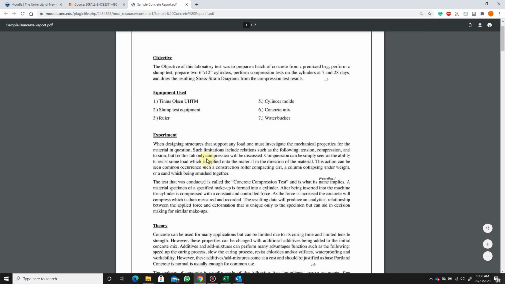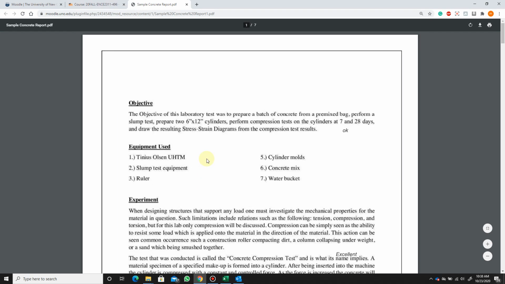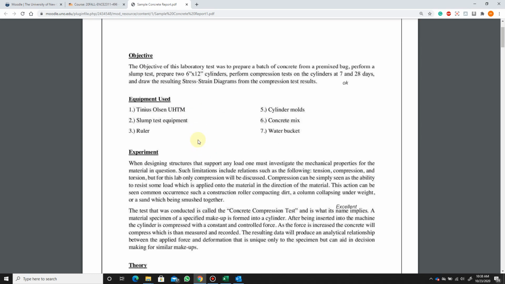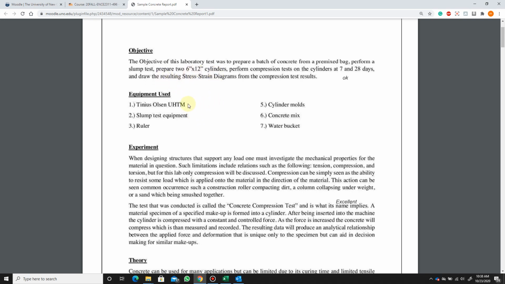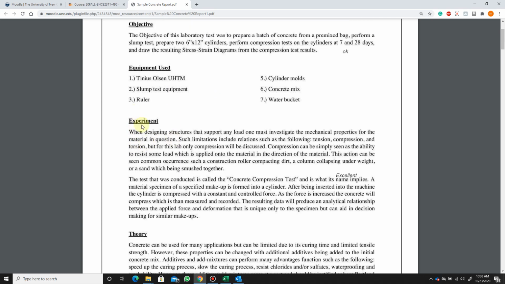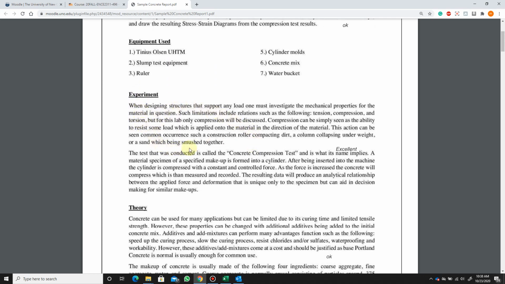In this report, you see that it starts with the objective section, but in your report you should have your title page. You can keep the objective the same, and the equipment the same, because we are using the same equipment every semester. And for the experiment section, I already posted a video on YouTube.